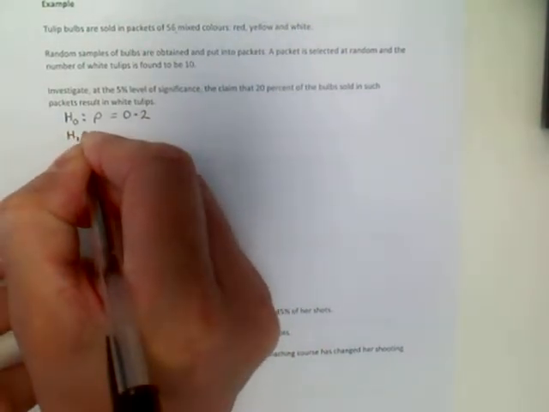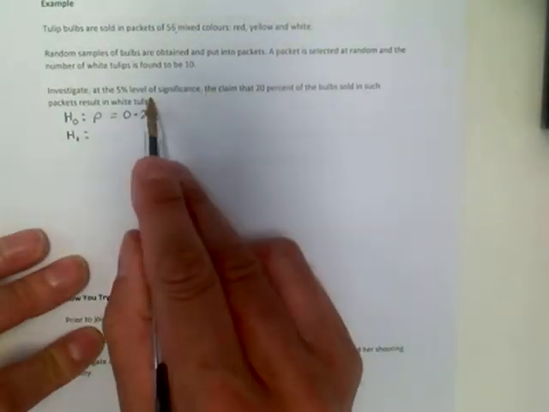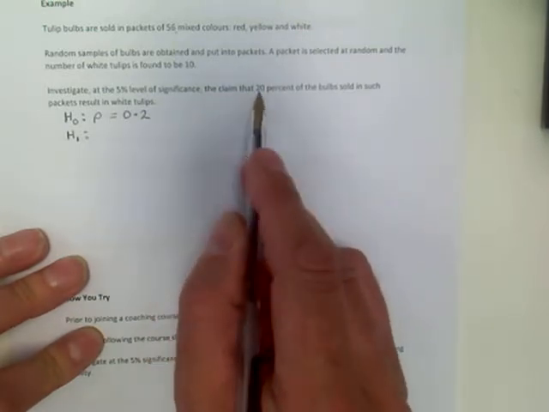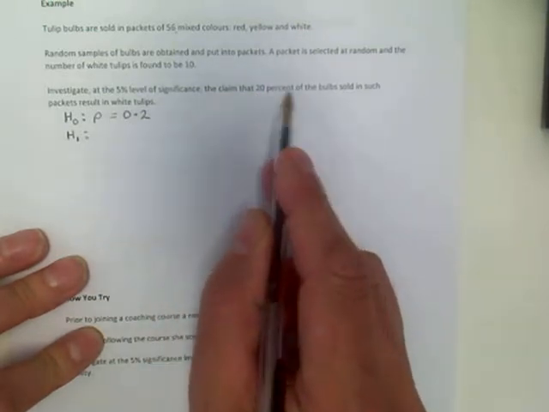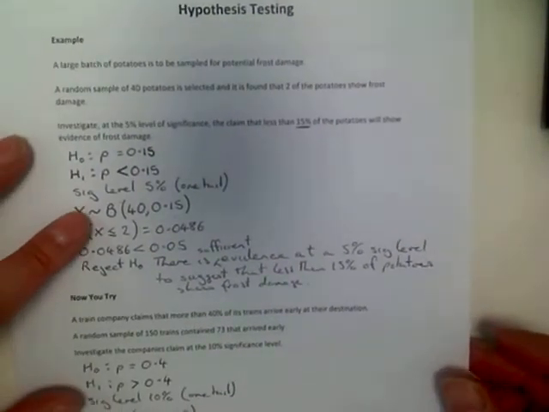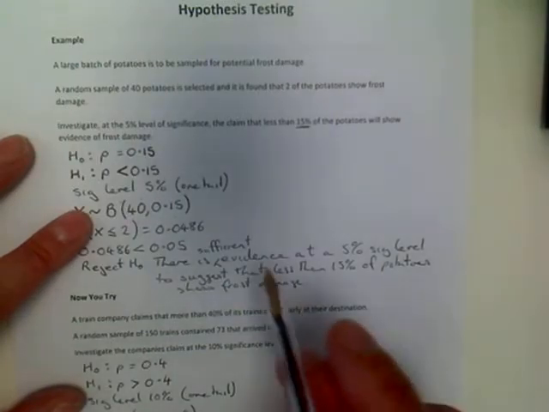The alternative hypothesis: what we're testing here is whether it is 20% or it's not 20%. Remember the previous questions that we did talked about an increase or a decrease. Let me just remind you of that.